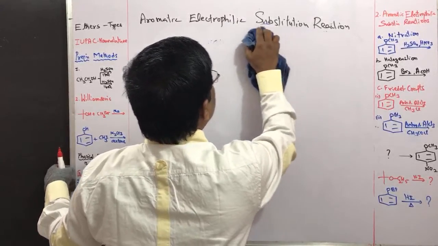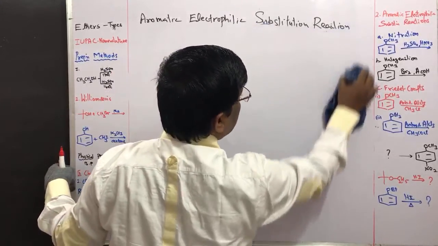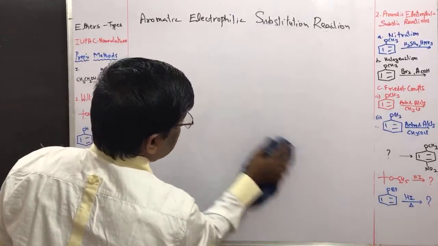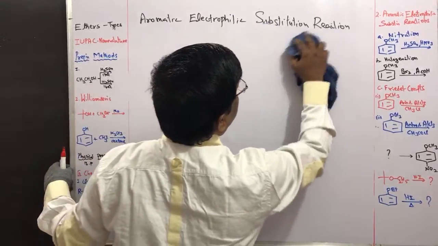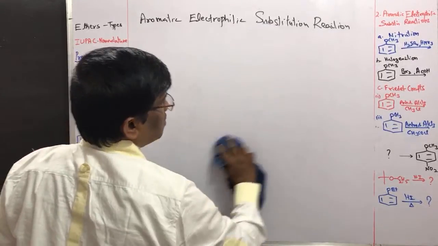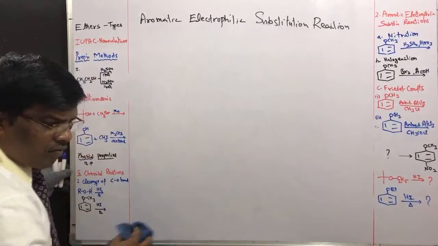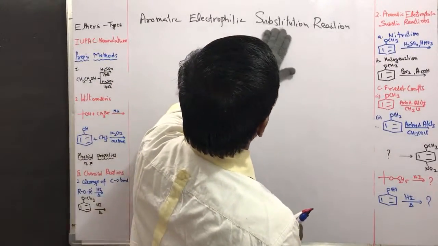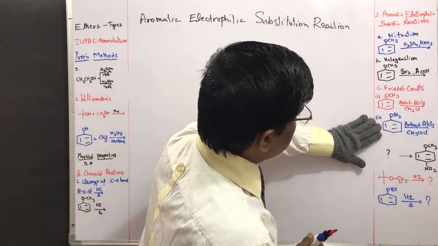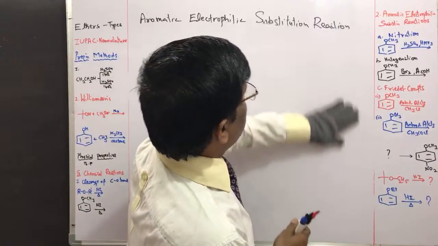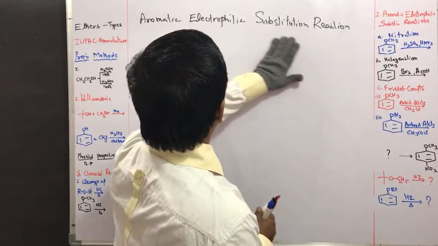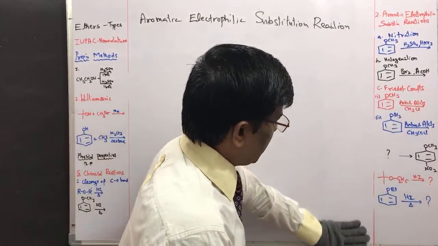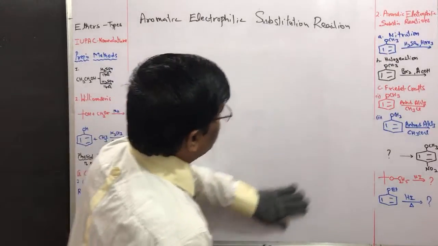Alkylation can be done under Friedel-Crafts reaction conditions, and acylation can be done under Friedel-Crafts reaction conditions. What is the reagent or catalyst under these conditions? Friedel-Crafts reaction uses a Lewis acid like aluminum chloride. That must be anhydrous aluminum chloride. I have explained this in name reactions. Please go through that if you have any doubts.